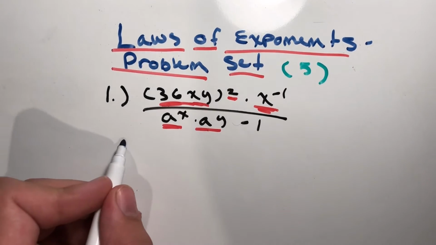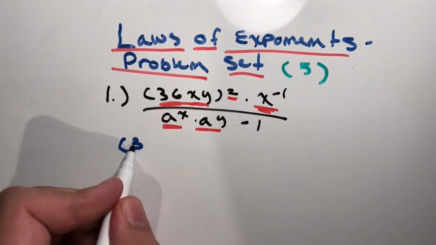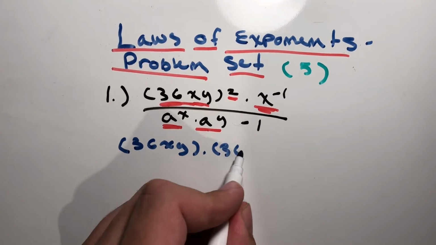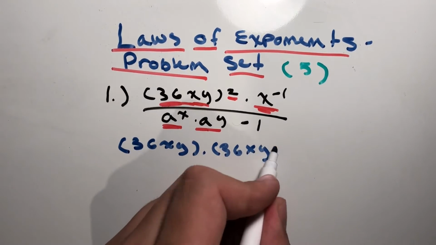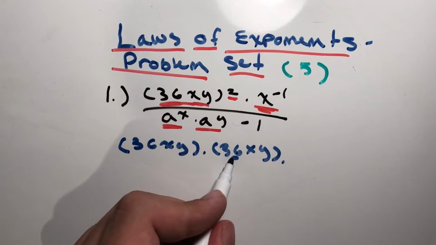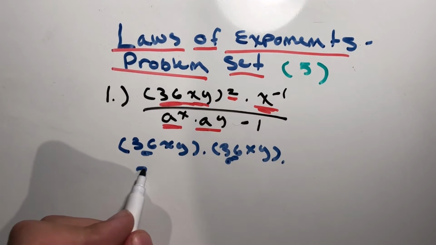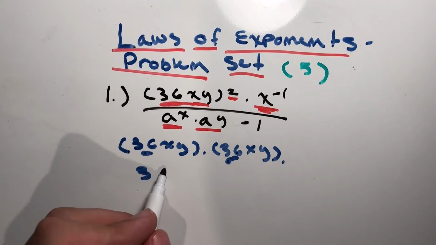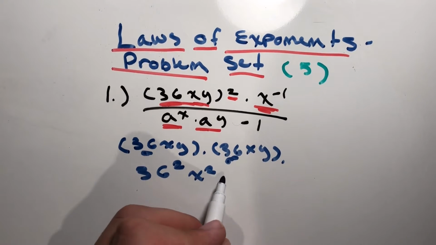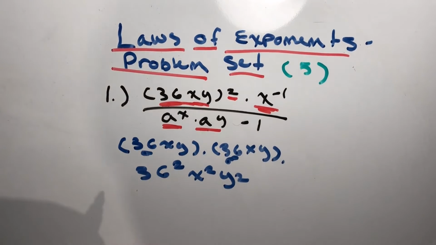So we can rewrite it as 36xy times 36xy, and multiply it out. We multiply the 36 by the 36, just by properties of multiplication, so we'll get 36 squared times x squared times y squared.